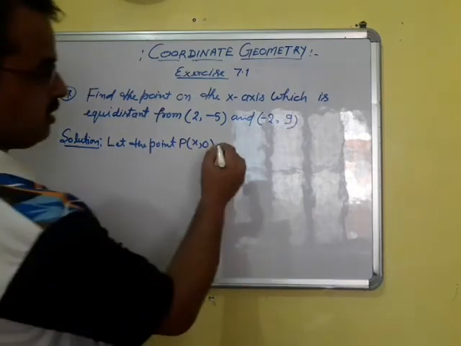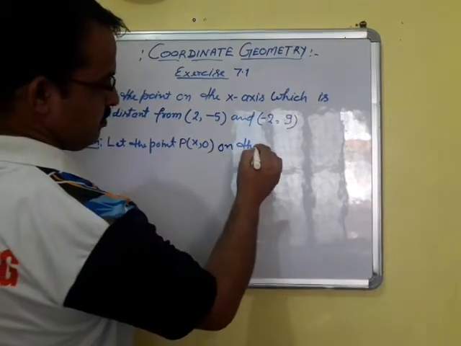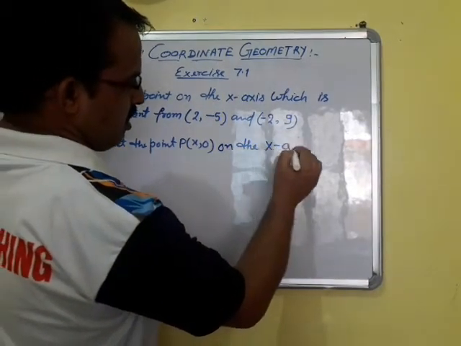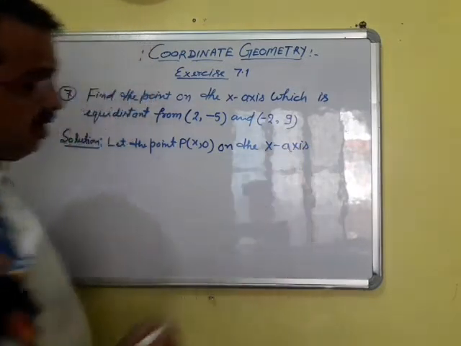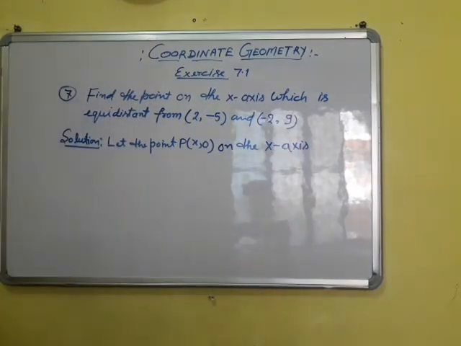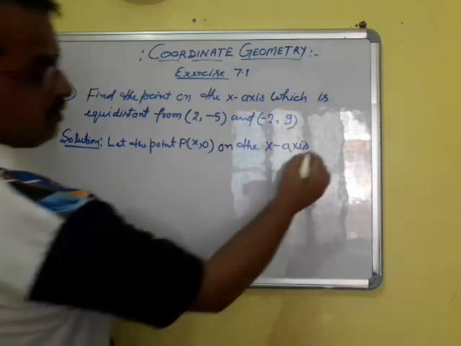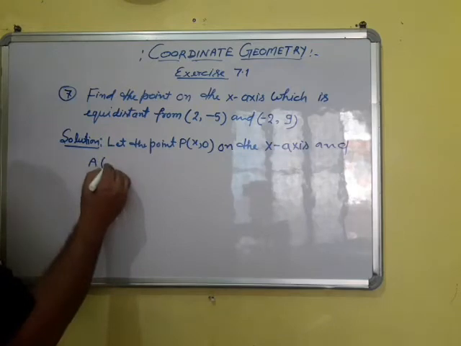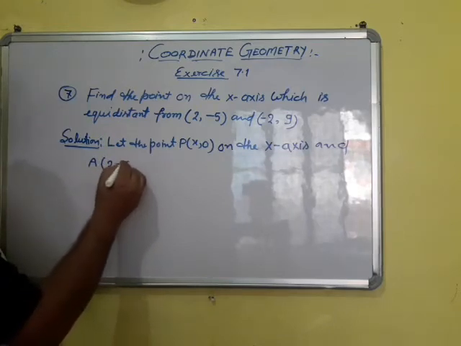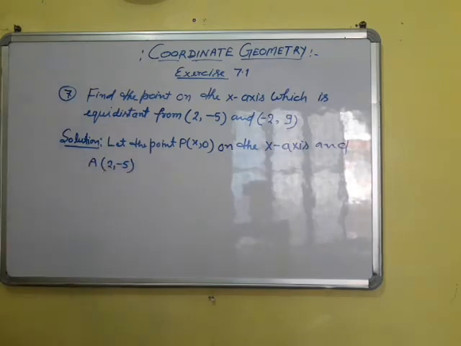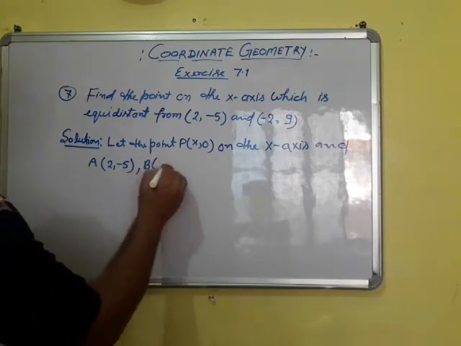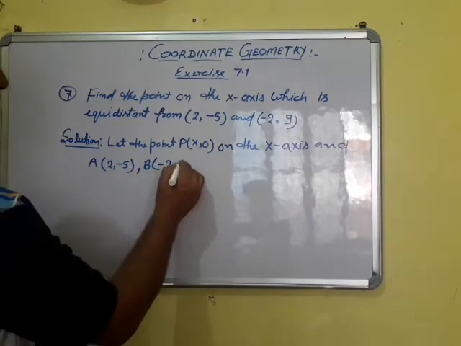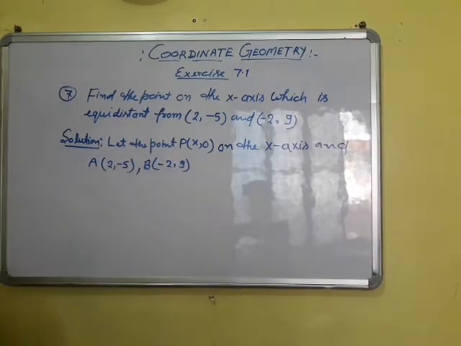A has coordinates 2 and -5, and B has coordinates -2 and 9. These points are given.